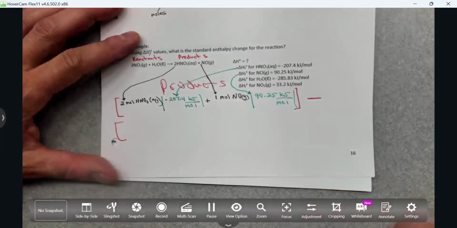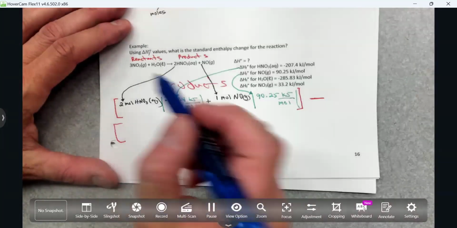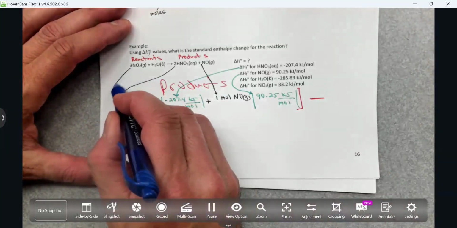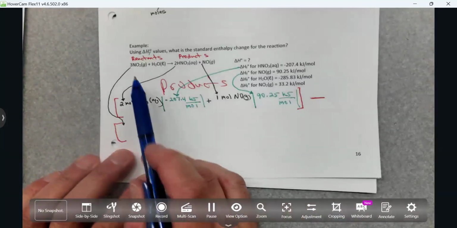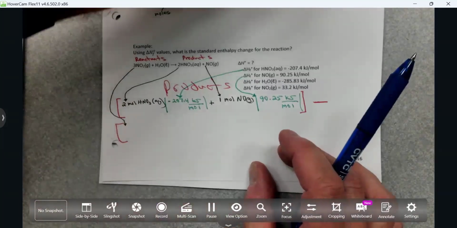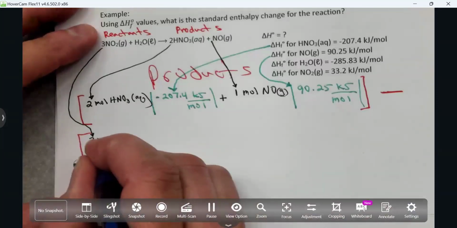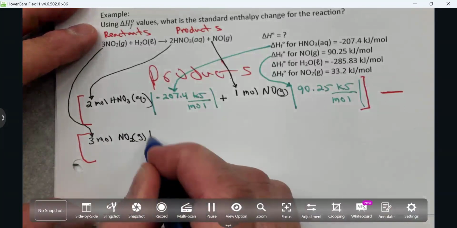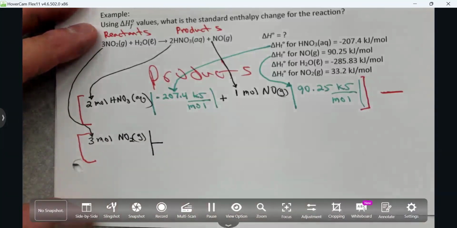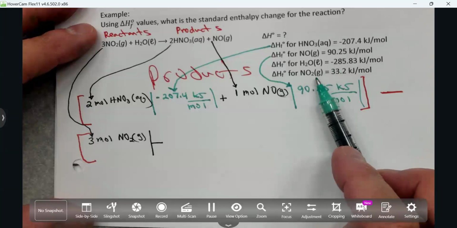On the reactant side, I've got 3 mole of NO2 gas. And from the table on the right, 33.2.